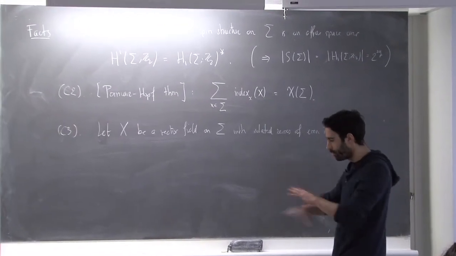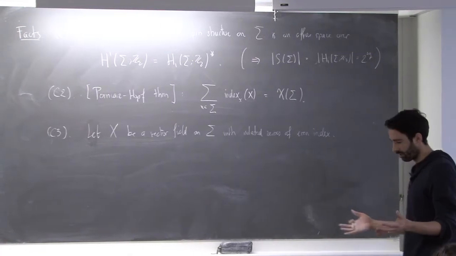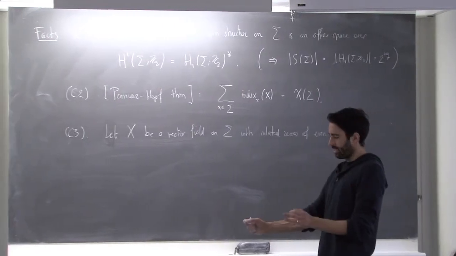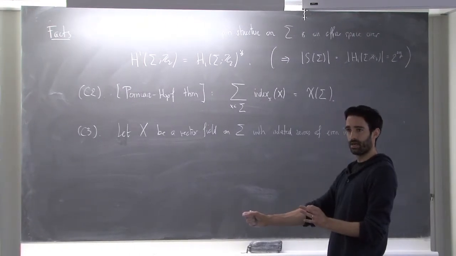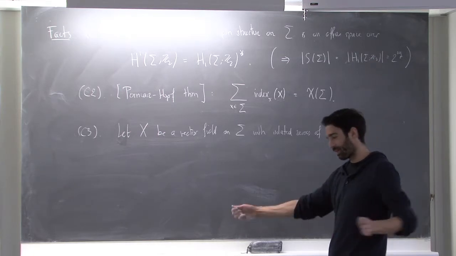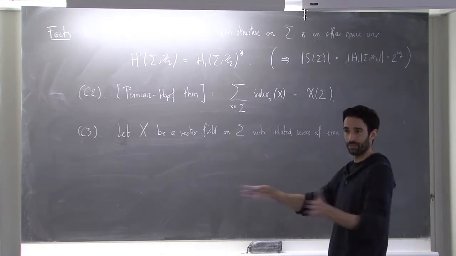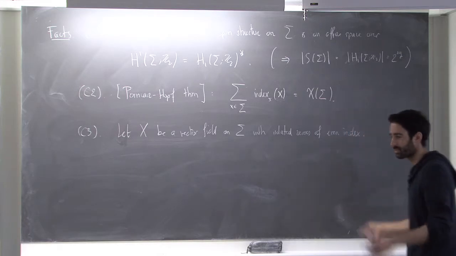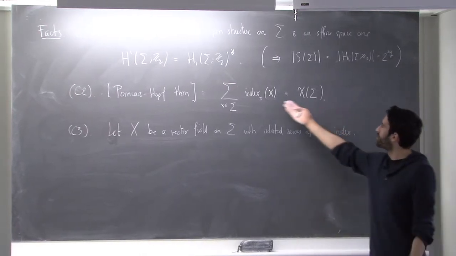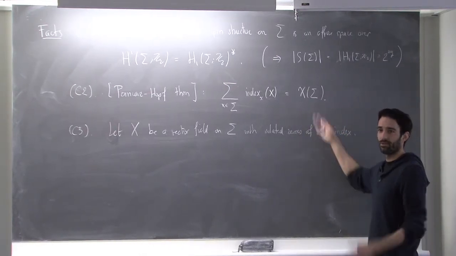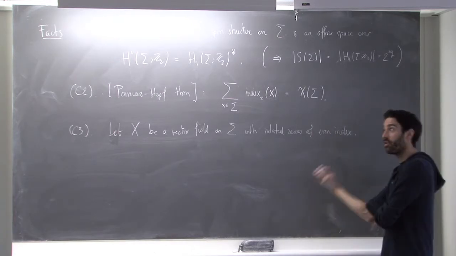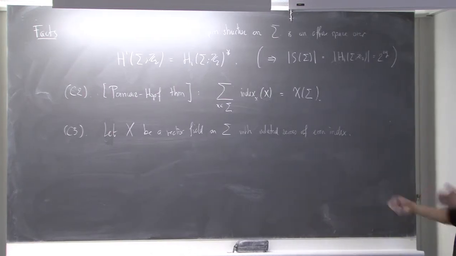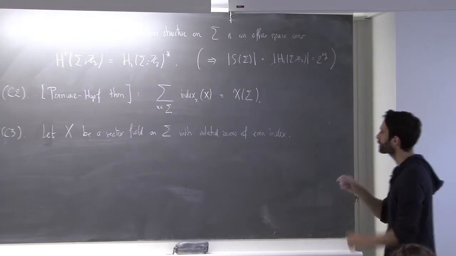The way to do it is you take any vector field with isolated zeros, and if you have two that are of odd index, you just concatenate them together, and these indexes will sum up, and since the sum of all indexes is even, you can do this. There's an even number of zeros of odd index, and you can pair them up like this.